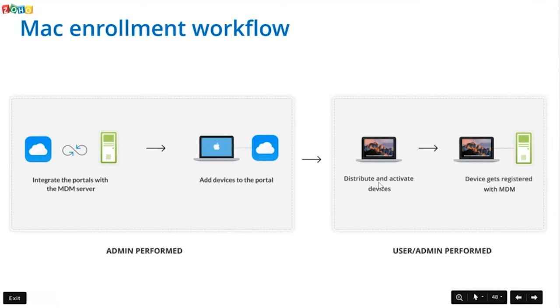Once activated, the devices will be registered with MDM, and then these devices can be managed remotely from the MDM portal. Please note that this integration is a one-time process, and this does not have to be repeated for each device. Once this integration is performed for one device, it need not be performed for all devices linked specifically to the same customer details.